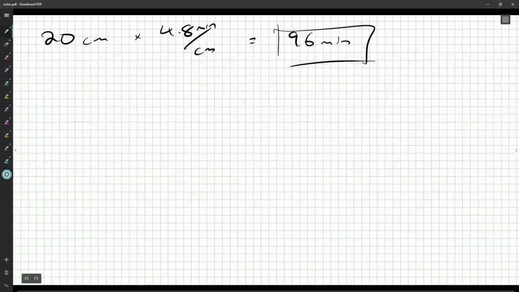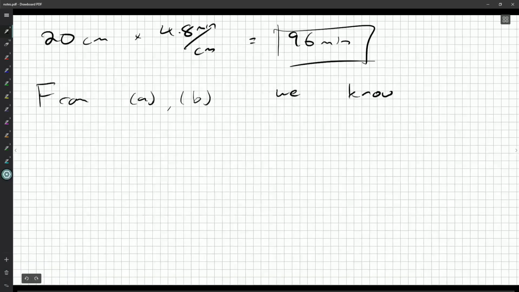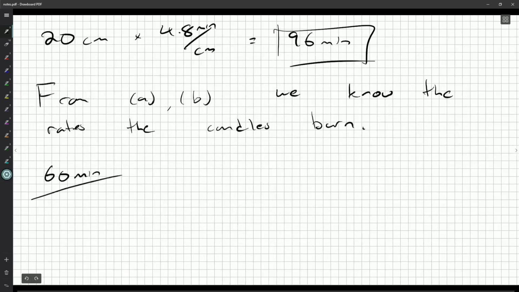All right, well, I would probably say from A and B, we know the rates. If we didn't write them down, then we could certainly calculate them now. So we know the rates the candles burn. So after 60 minutes, at 6 minutes per centimeter, we'll have 10 centimeters. And 60 minutes divided by 4.8 minutes per centimeter.